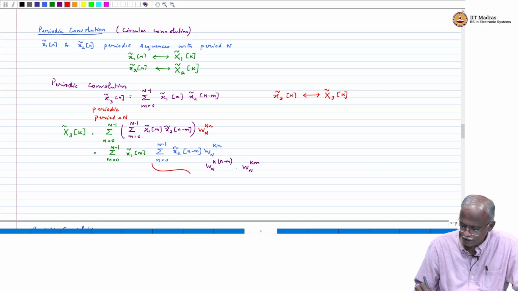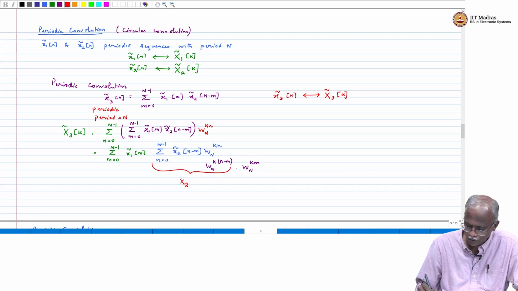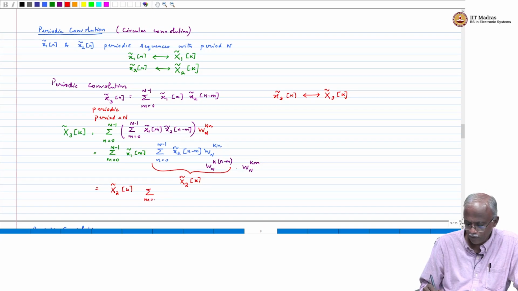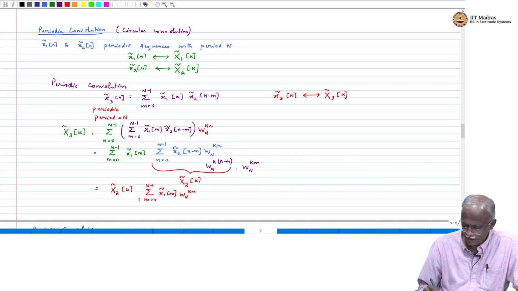Combine these terms together and notice that this is nothing but x2 tilde of k. So we write it as x2 tilde of k, and inside the summation m equal to 0 through N minus 1, x1 tilde of m, W_N to the km, and this is nothing but x1 tilde of k.